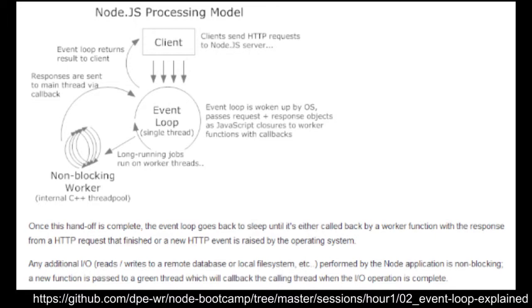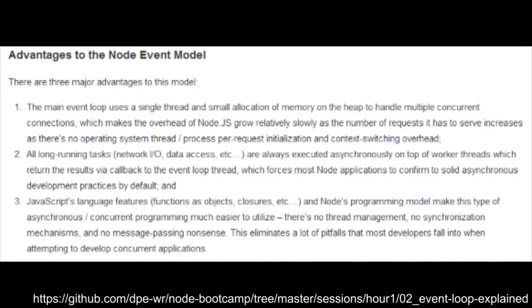And so there are a couple of advantages to this model. The main one is that because the event loop just uses a single thread and small memory allocation to handle a bunch of concurrent connections, it makes Node extremely fast, and the relative overhead grows relatively slowly with the number of connections.